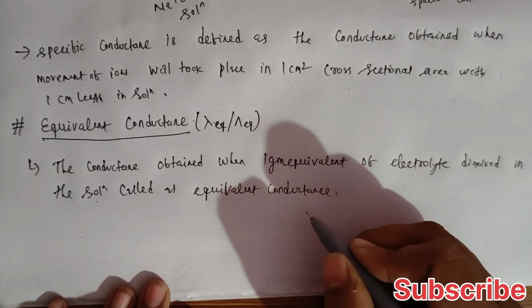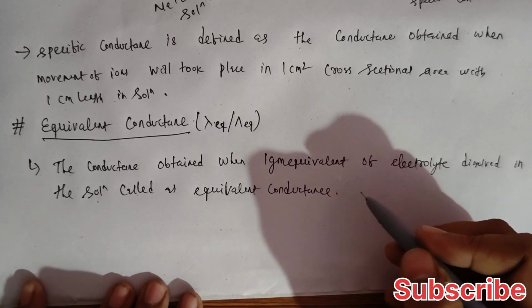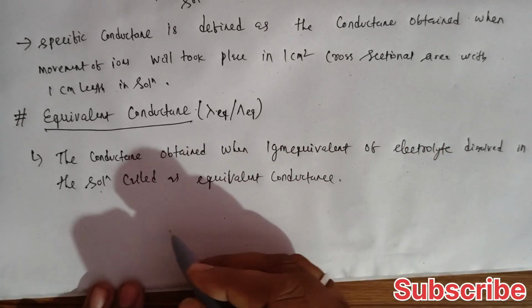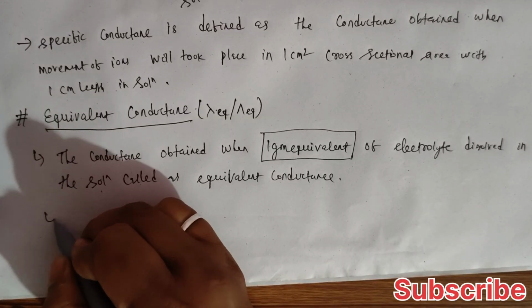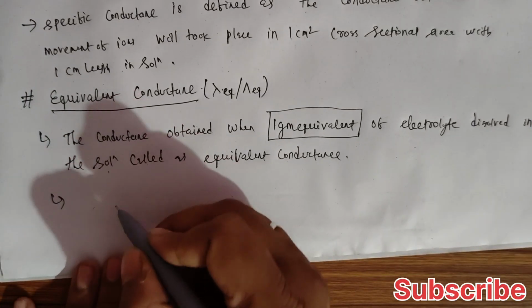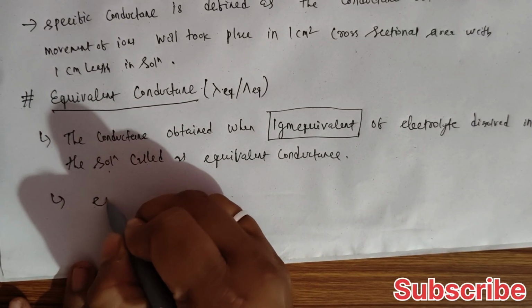Clear? What do you mean by 1 gram equivalent of electrolytes? Okay, to understand this 1 gram equivalent, we have to understand what is equivalent mass. So let me tell you what is equivalent mass.